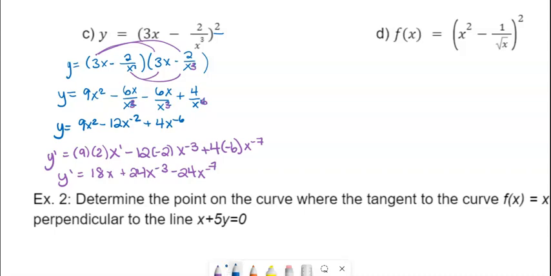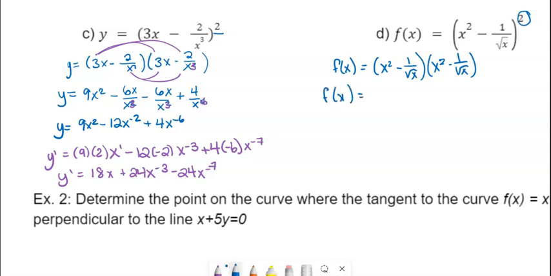Again, I don't have a rule to deal with this yet, so I'm going to write this out. Expand this so I just have sums and differences. X squared times x squared is x to the fourth.